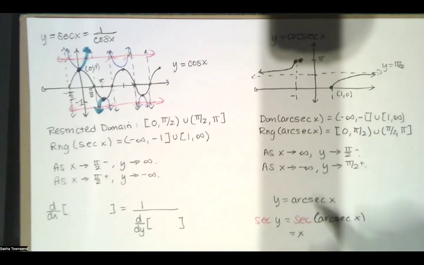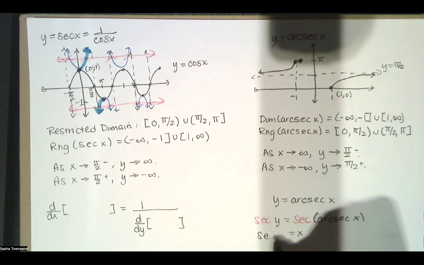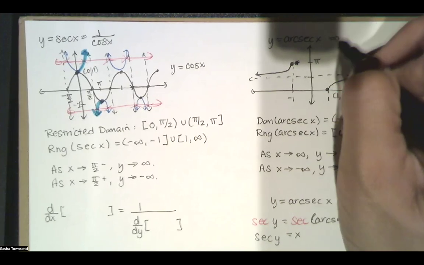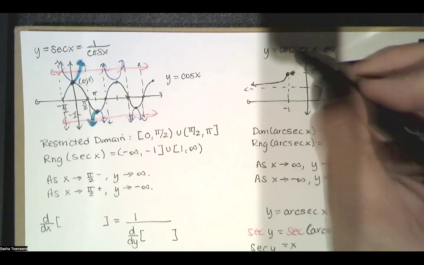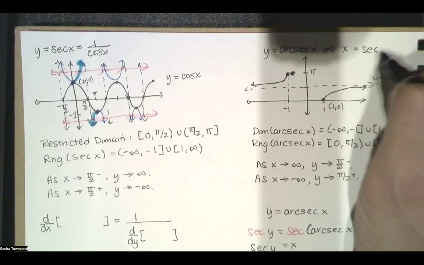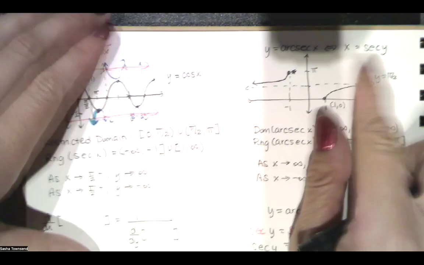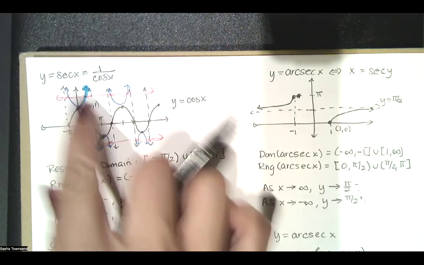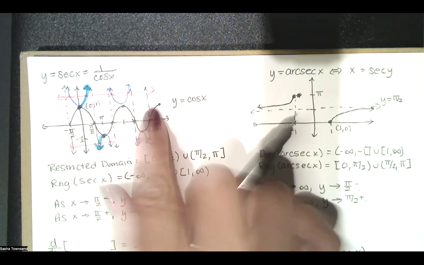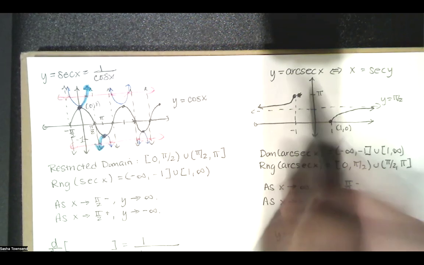So now you've got two different ways of describing the same set of points, and we're talking about this set of points. Y as a function of x is arcsecant of x, and x as a function of y is secant of y. But of course, we're not just talking about the secant of y in general, because that's going to look like these sort of parabolas that are opening up and down, except our parabolas would open left and right.